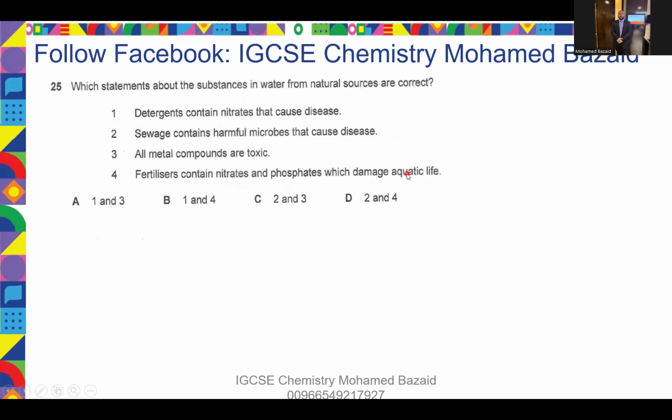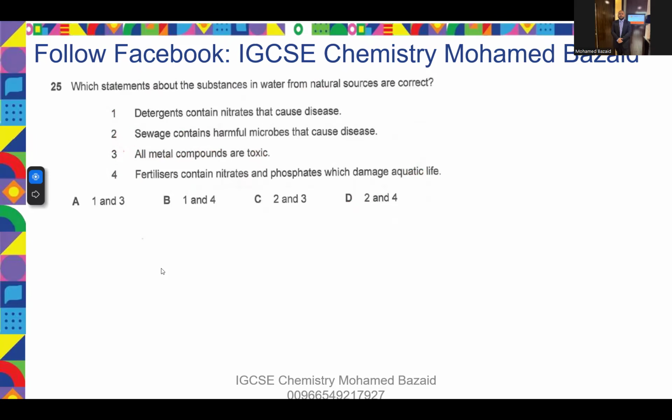So this is correct as well. Number 3 is not correct because not all metal compounds are toxic. Does it make sense? No. Number 3 is not correct. Number 1 is not correct as well. So the answer is 2 and 4, which is letter D in question 25.